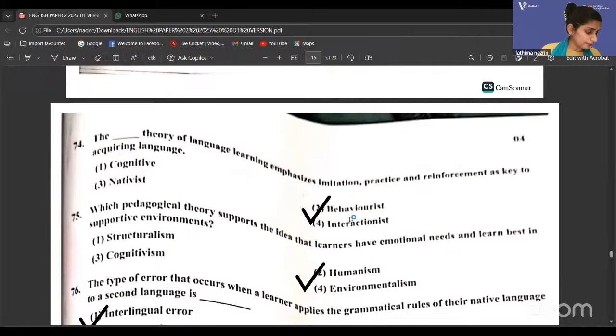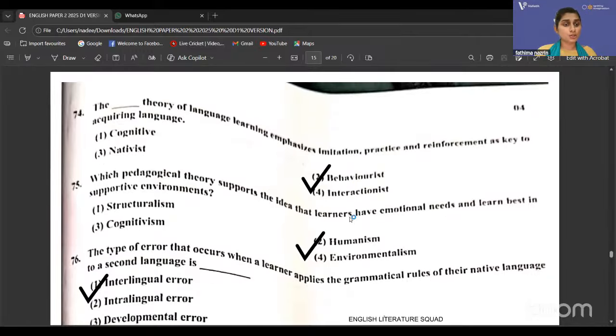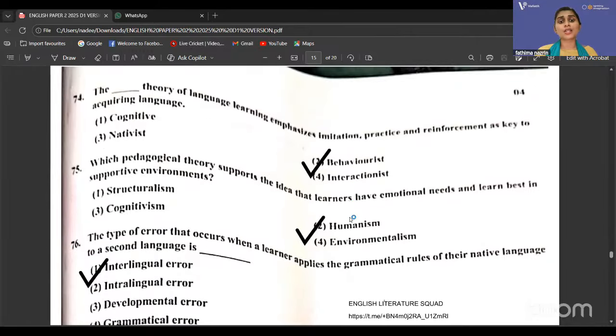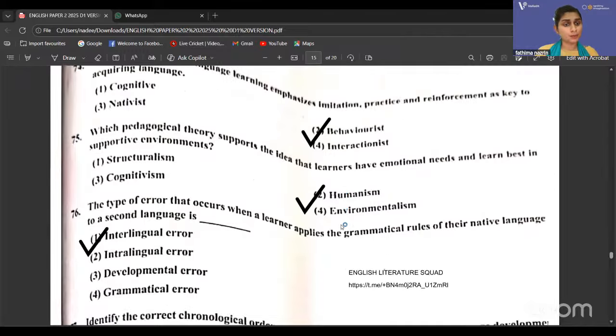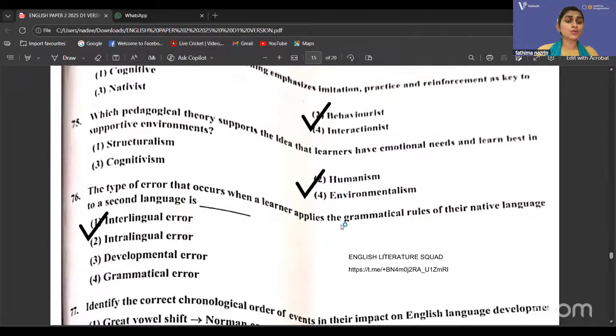Okay, so 74 would be option 2. Now, which pedagogical theory supports the idea that learners have emotional needs and learn best in supportive environments? This again is option 2, which is humanism. Okay, now, so option 2 is the correct answer of the question number 75.